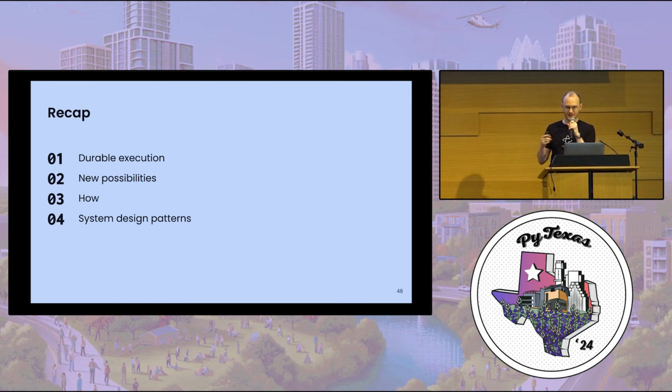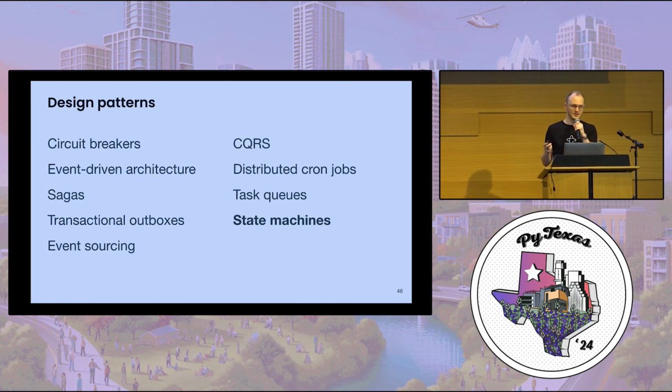So to recap, we defined what durable execution is, talked about some new possibilities for how to program that it opens up, a little bit about how it works, and then some distributed system patterns and how Temporal either makes them unnecessary or easier. So we had circuit breakers, don't need to do. Event-driven architecture, same, decoupled at runtime, better DX.